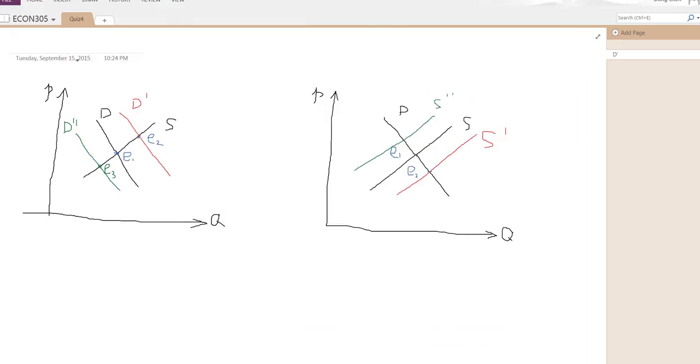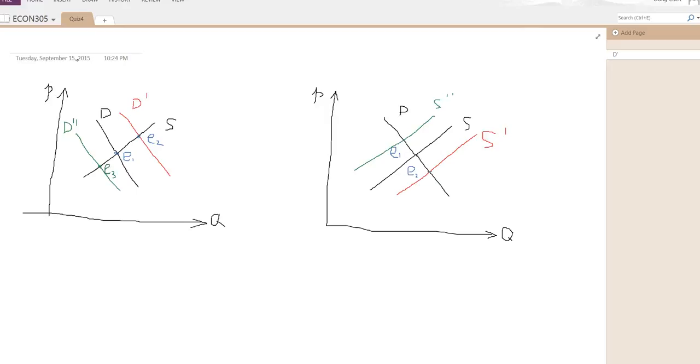So you see that the positive demand shock and the negative supply shock will both drive up the price. But the negative supply shock will drive down the quantity, while the positive demand shock will drive up the quantity. Hence, the price will unambiguously go up. That's no doubt. But what about the quantity?